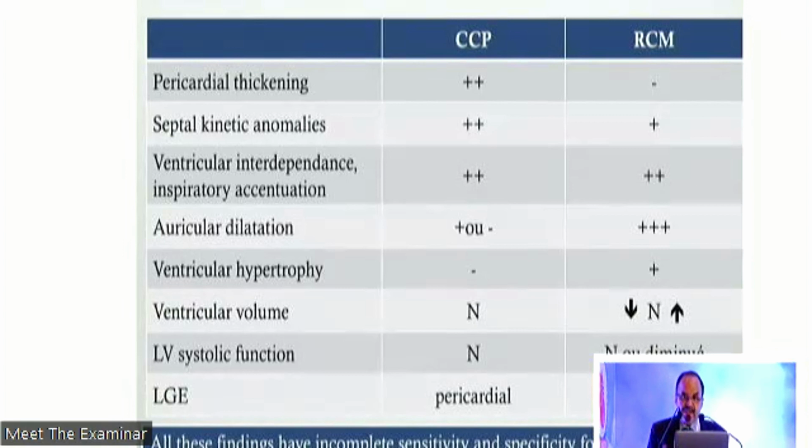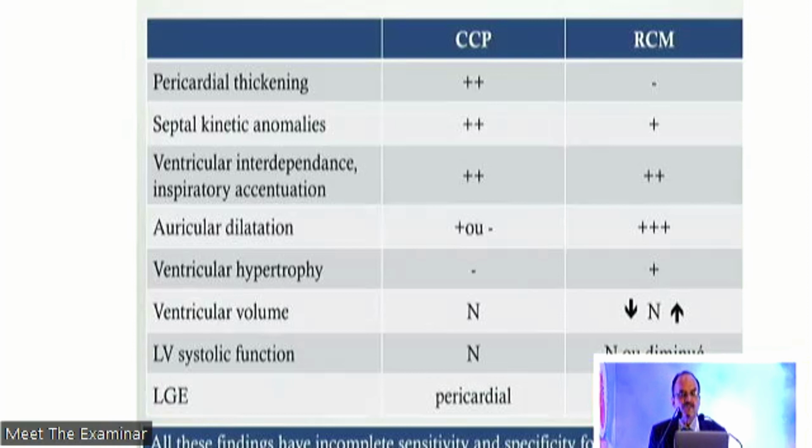The ventricular interdependence is also in a similar manner. We also talked about atrial dilatation, which is far more common and far more prominent in restrictive cardiomyopathy. Ventricular hypertrophy, if it is present, it is again suggestive of restrictive cardiomyopathy.